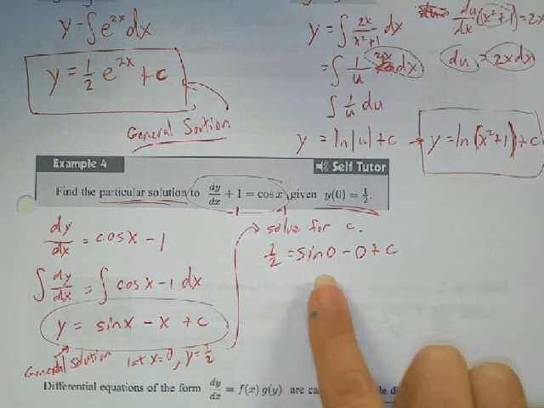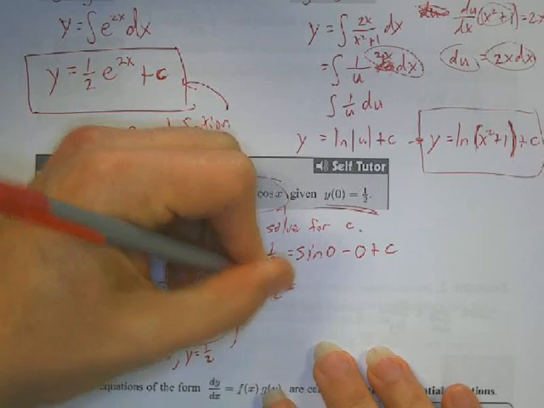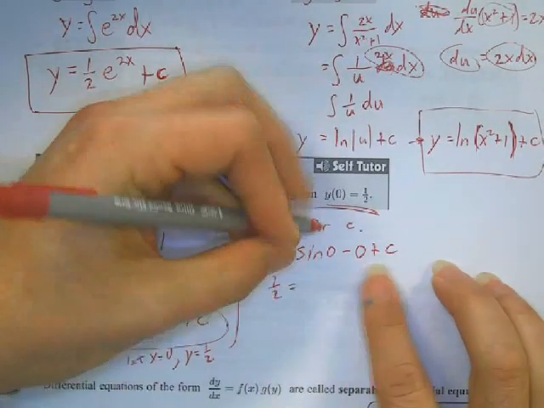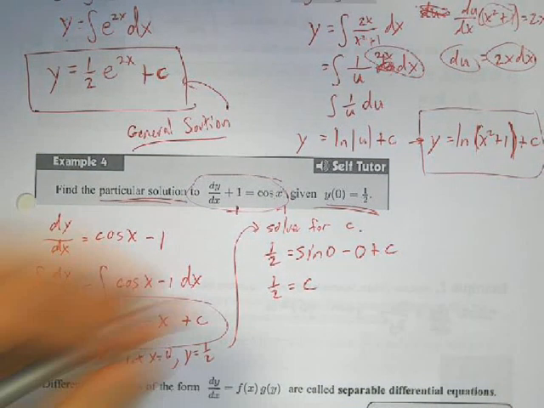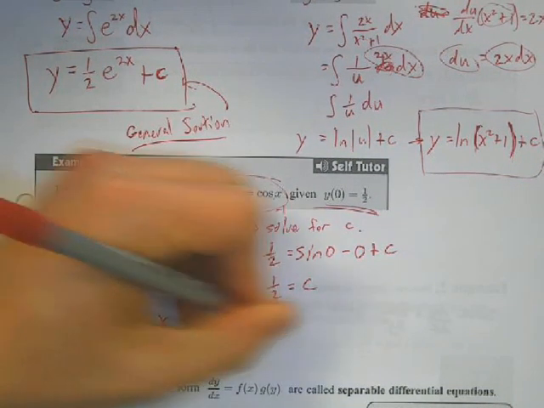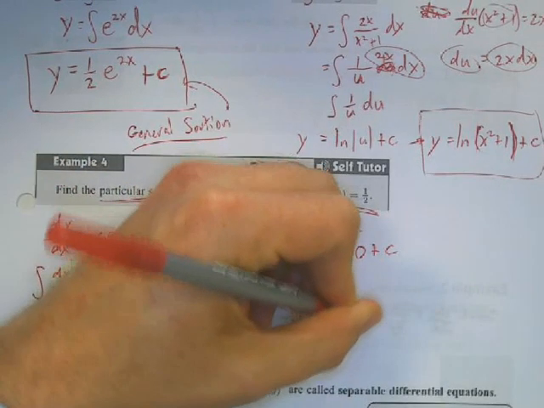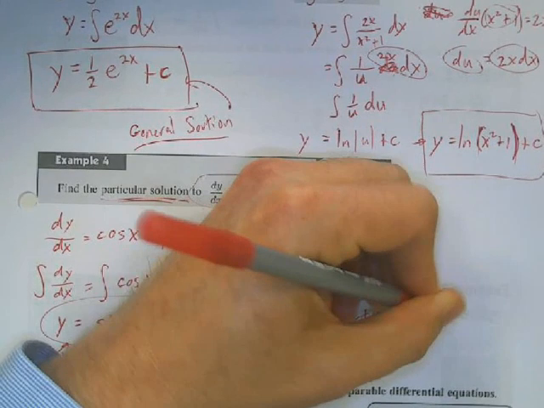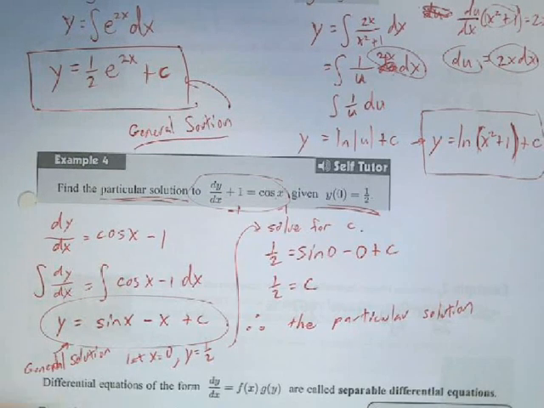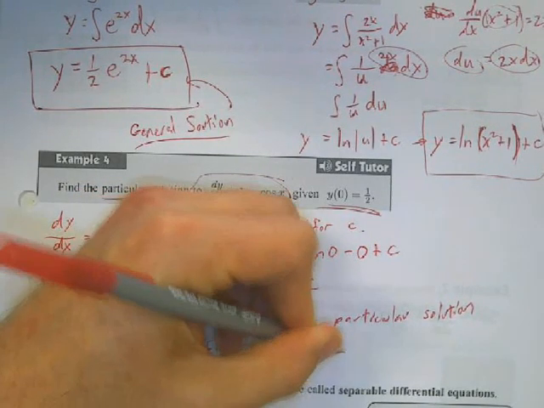And sine of 0 is 0, so I end up with 1/2 equals 0 minus 0 plus c, so c is going to be 1/2. Therefore, the particular solution is y equals sine x minus x plus 1/2.